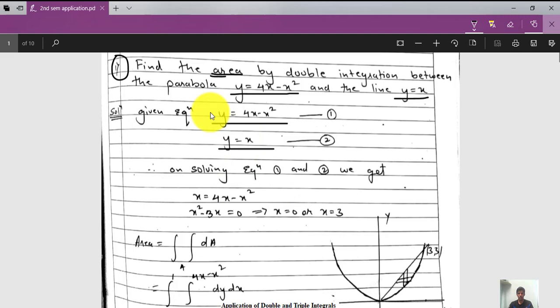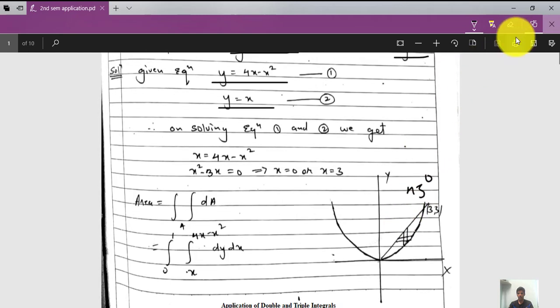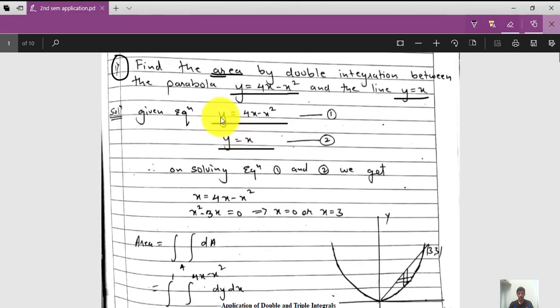Now y is equal to x is a straight line passing through the origin at 45 degrees, right?